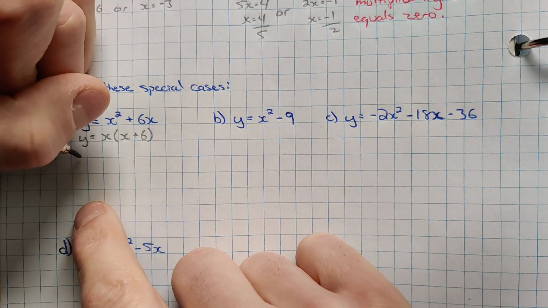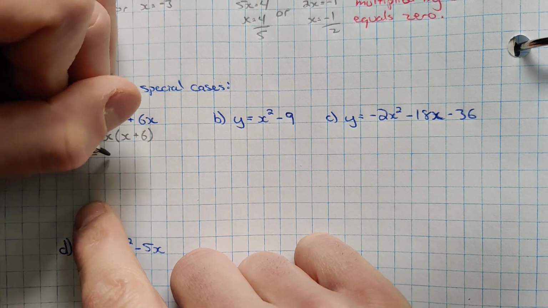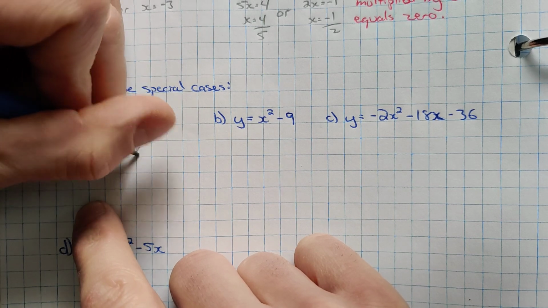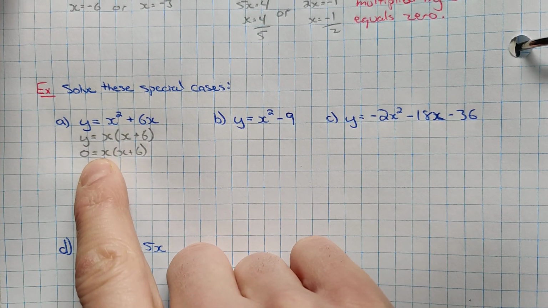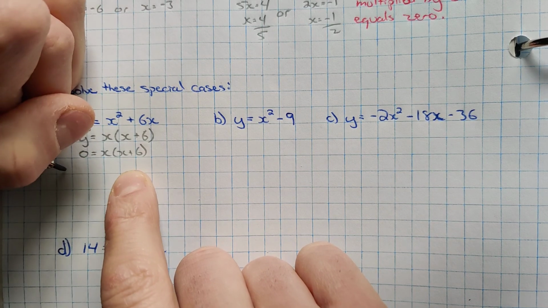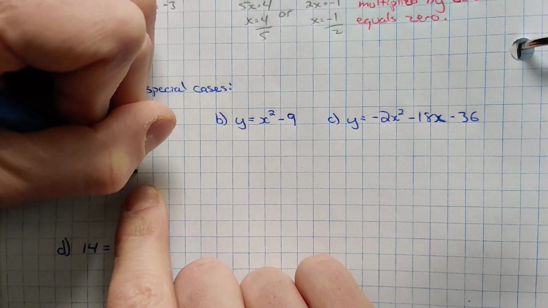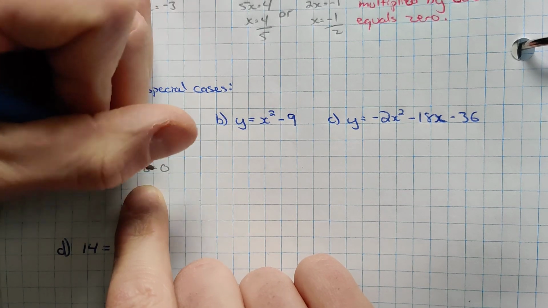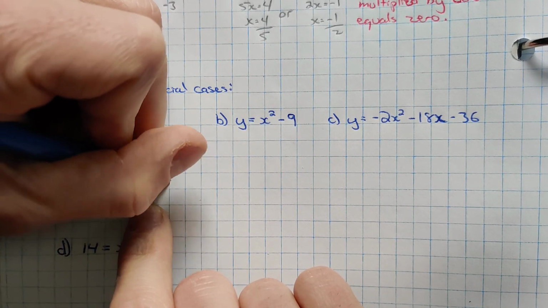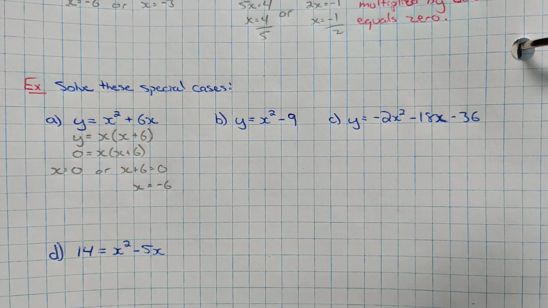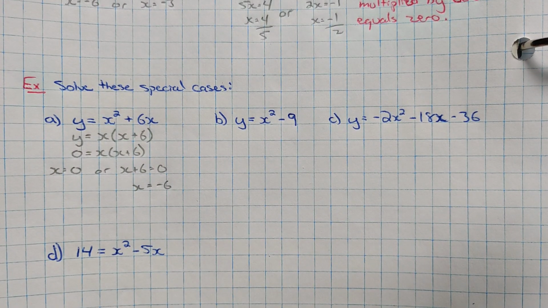So now when we want to solve it, we set it equal to 0. So either x is 0 or x plus 6 is 0. So x equals 0 or x plus 6 equals 0, leaving us with x equals negative 6. There are the two zeros, 0 and negative 6.